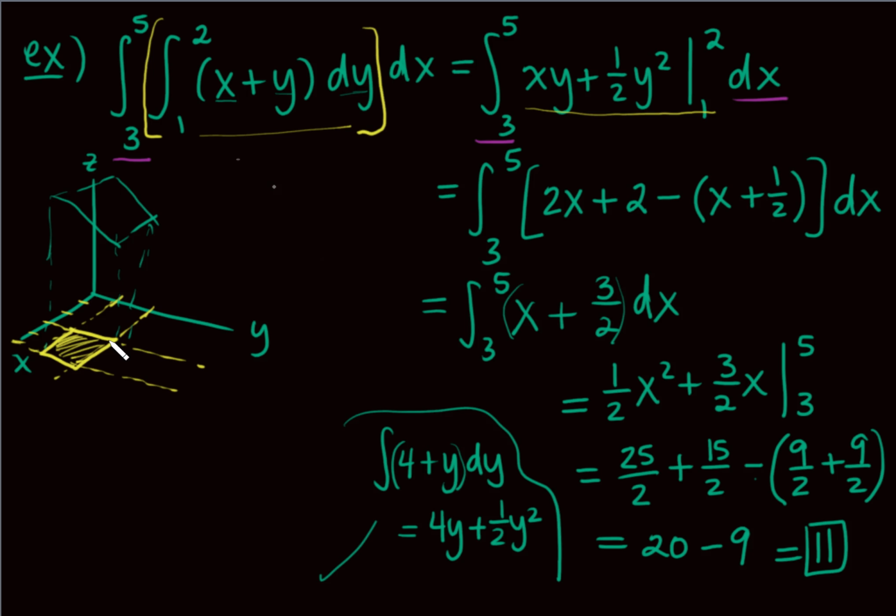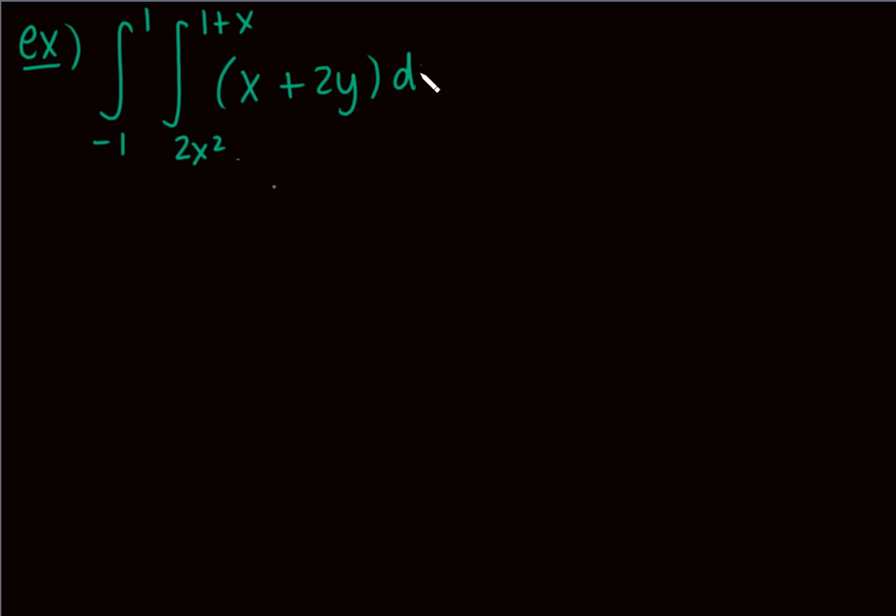my bounds are constants, okay? So let's look at an example then where my bounds aren't constants. Okay, so now I'm going to integrate from -1 to 1, and then 2x squared to 1 plus x, and let's integrate x plus 2y dy dx, okay?